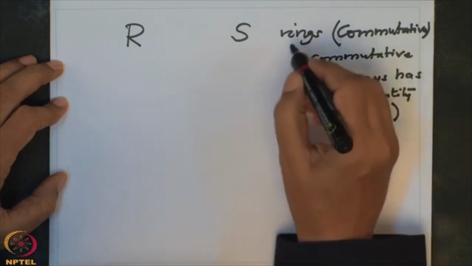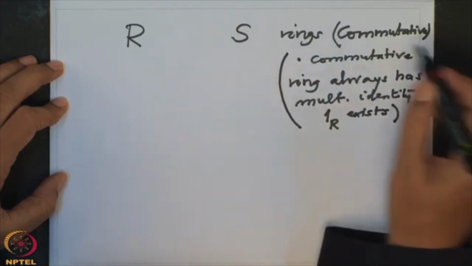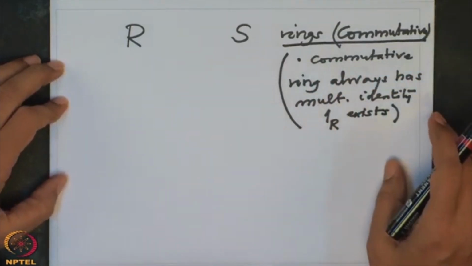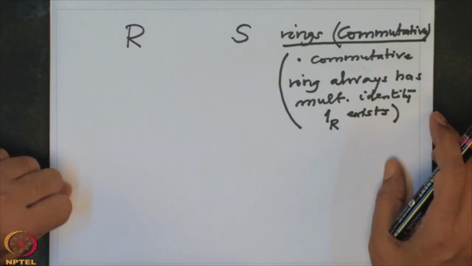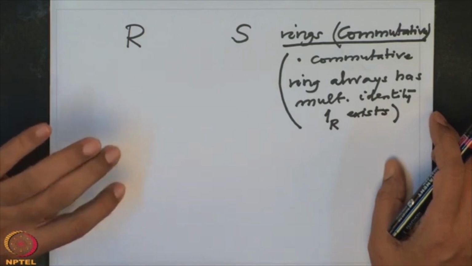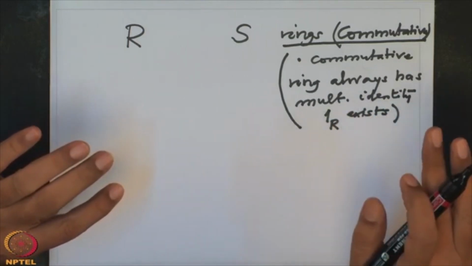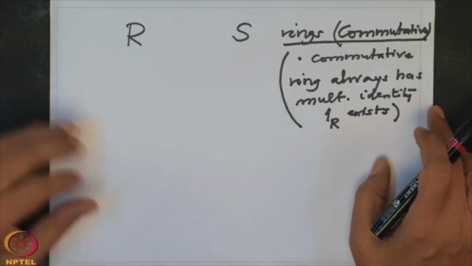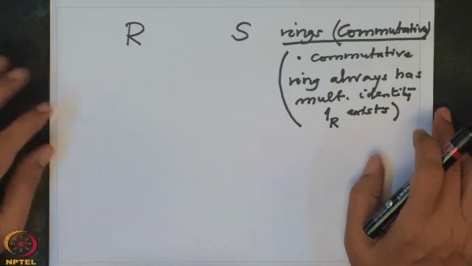This is a standard assumption. I will not keep saying it again and again. All rings we will consider in this course will be commutative rings with unity, that means multiplicative identity. When it is not the case, I will specify it explicitly.